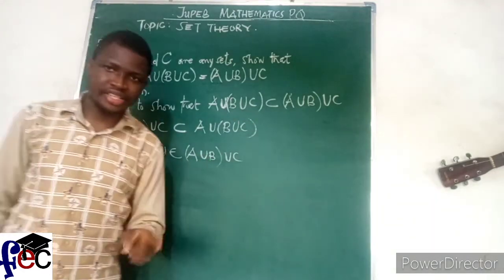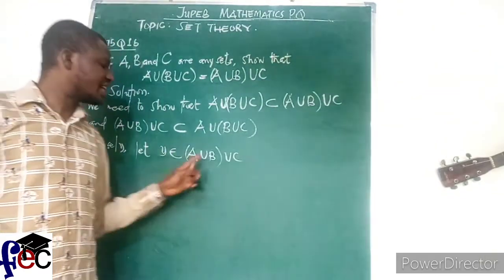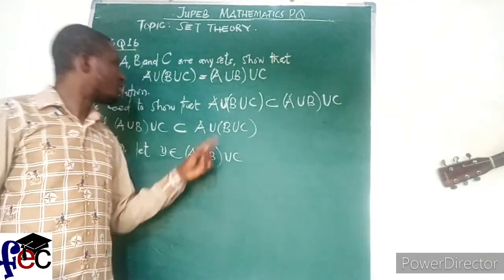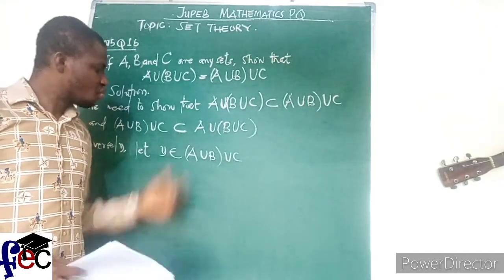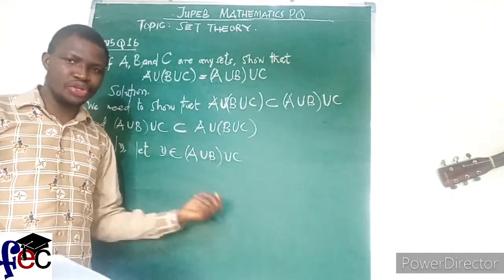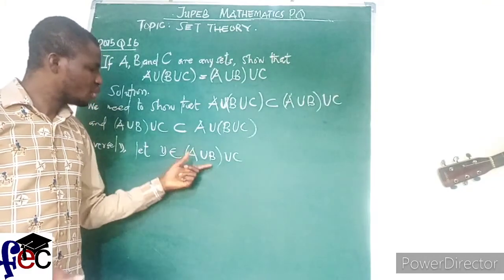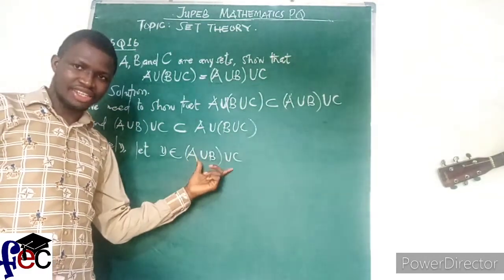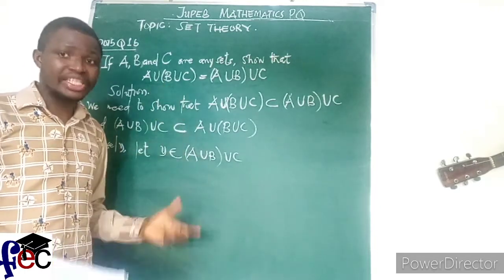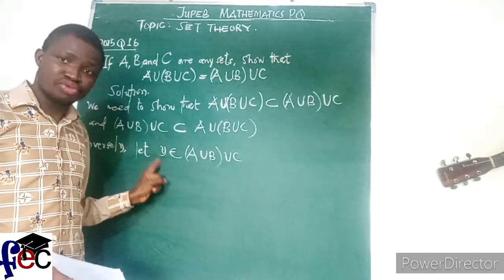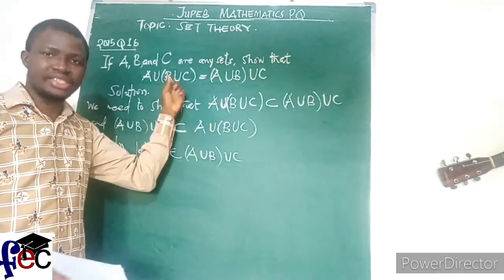Our duty is to show that any arbitrary element in this set, we will find it in the other set as well. So we will use the definition of union of two sets to rearrange this until it is obvious that indeed Y is a member of this set.